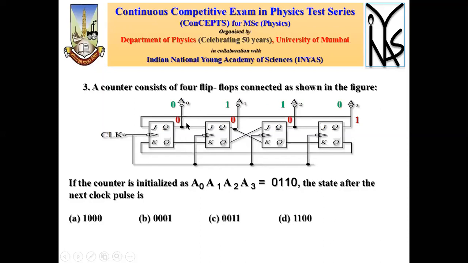So by carefully observing the connections, we come to know that the output after the first clock pulse is 0, 0, 0, 1, and therefore we get solution B. So it requires careful observation, otherwise we can be tricked in such questions.